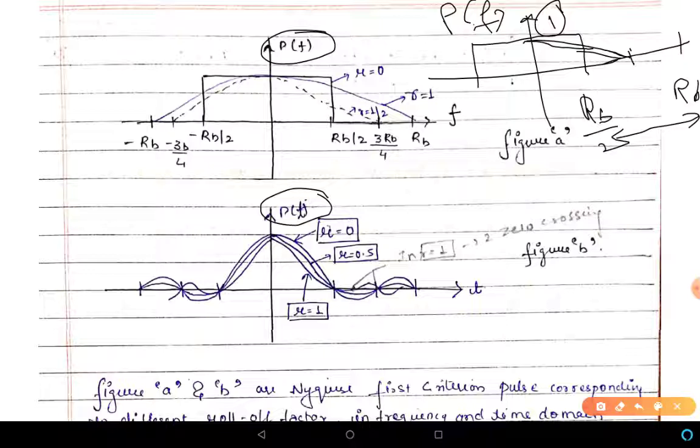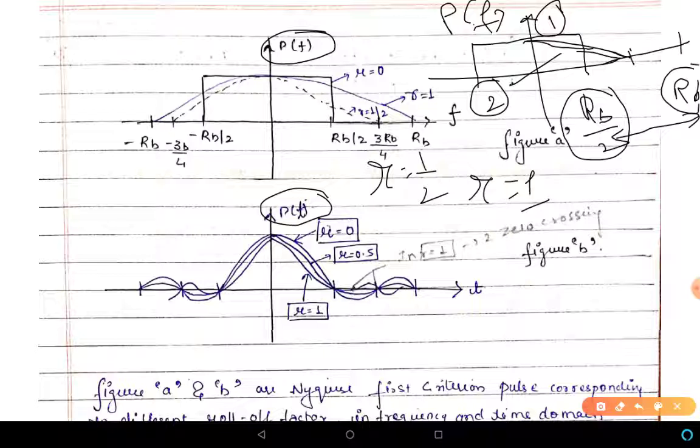This is your second case, that is when R is equal to 1/2, and when I say R is equal to 1, that means I am covering 100% of this range, that is Rb/2 to Rb, so it will go till this.